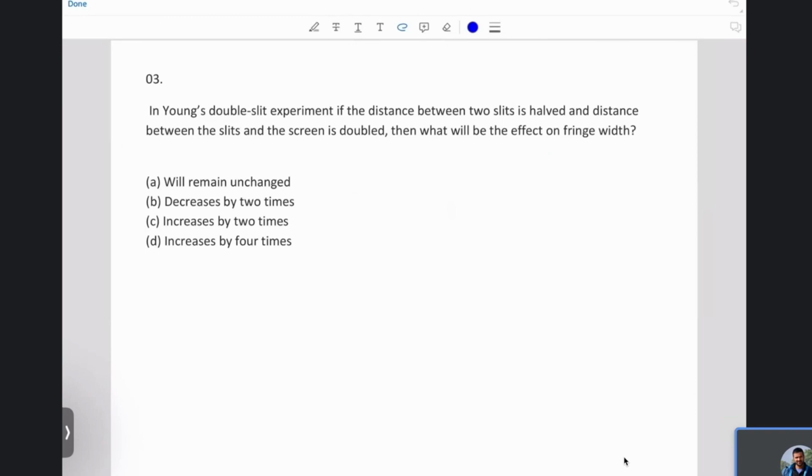So, can you answer? What should be the correct option? Hello? You can answer in the chat box. You can calculate it, right? I've just written the formula for fringe width. So you should be able to answer it.